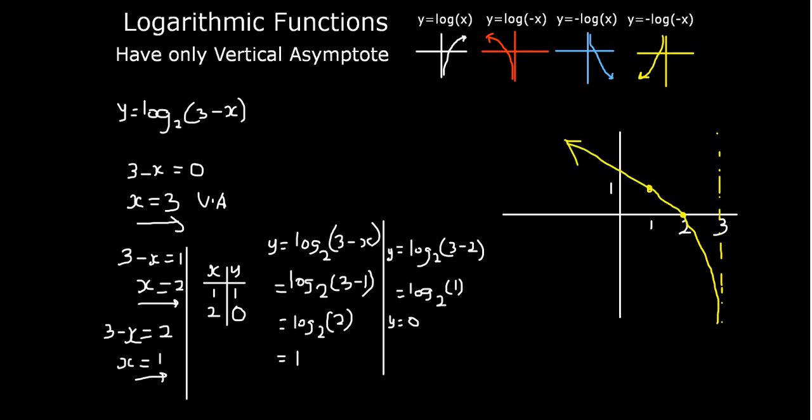That's our graph. Now that's our graph, and the domain. What are the minimum values of x and the maximum values of x? The minimum values of x, they start from negative infinity. We don't know what are the negative x's here. From negative infinity all the way to 3, to the vertical asymptote, which is 3.